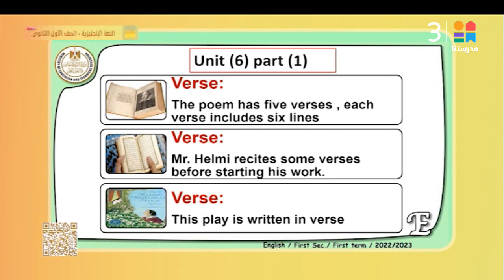In Arabic we call it الآيات. It is either some parts of poems or some parts of a holy book. What about verse in the third sentence? This play is written in verse. It means it's written in poetry. So the word verse can have these 3 meanings.